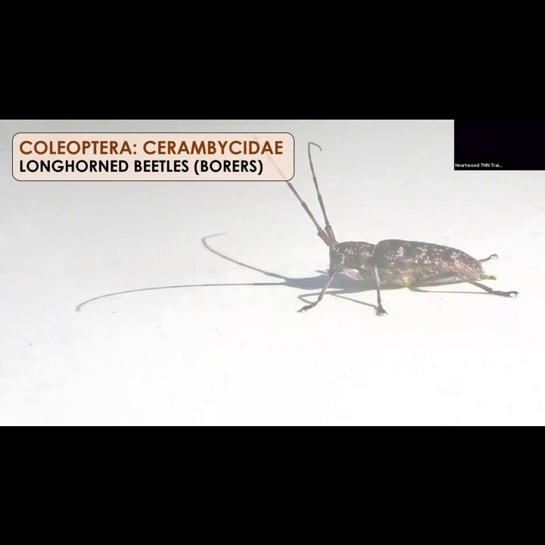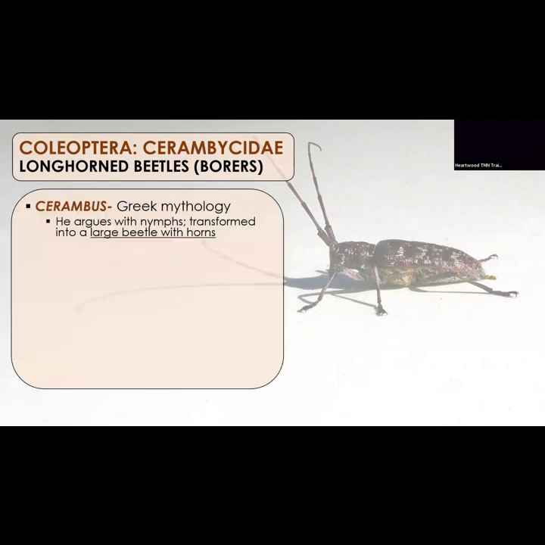But so cerambycid, longhorn beetles. I appreciate the common name because they are longhorned. These are round-headed borers, so 9 times out of 10, these are going to be boring into trees or plants nearby you. So I like this story, Cerambus.